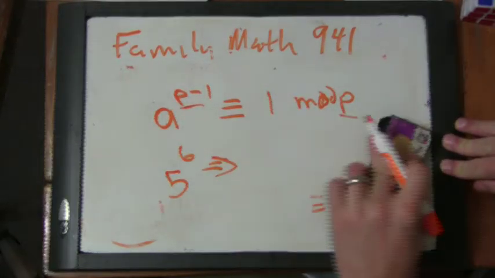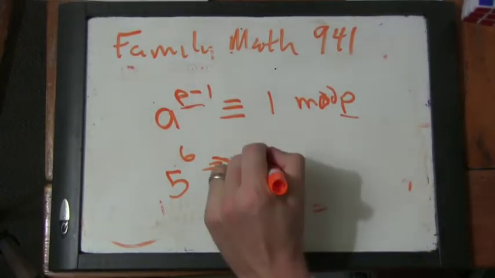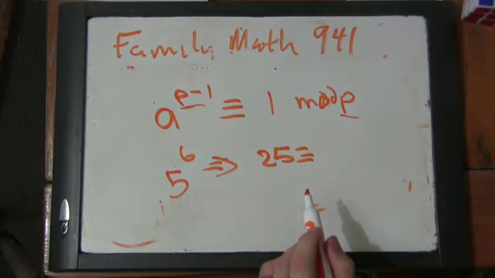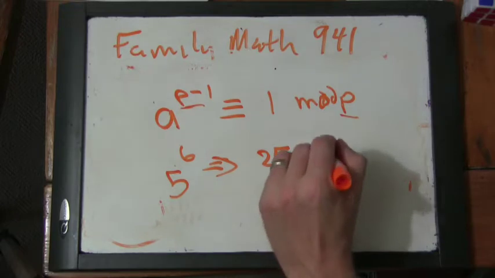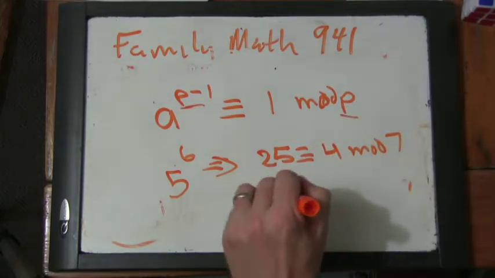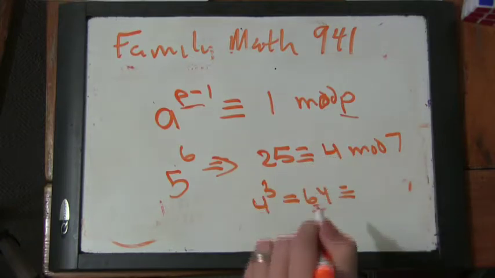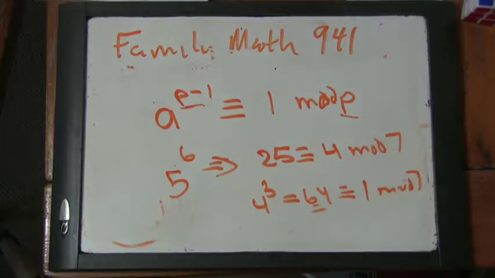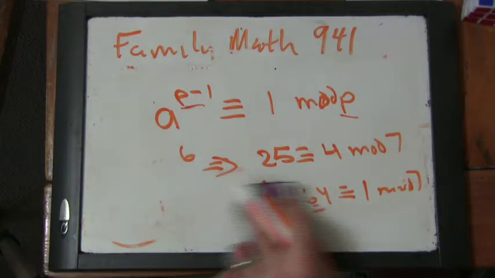So square 5, that's 25, which is congruent to 4 mod 7. Cubed, 4 cubed is 64, which was 1. Okay, so it's working, and so we just got to check 6 now.